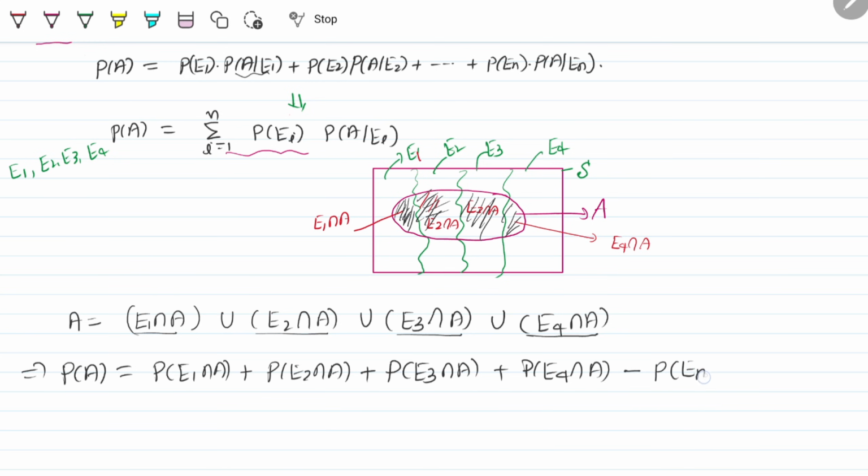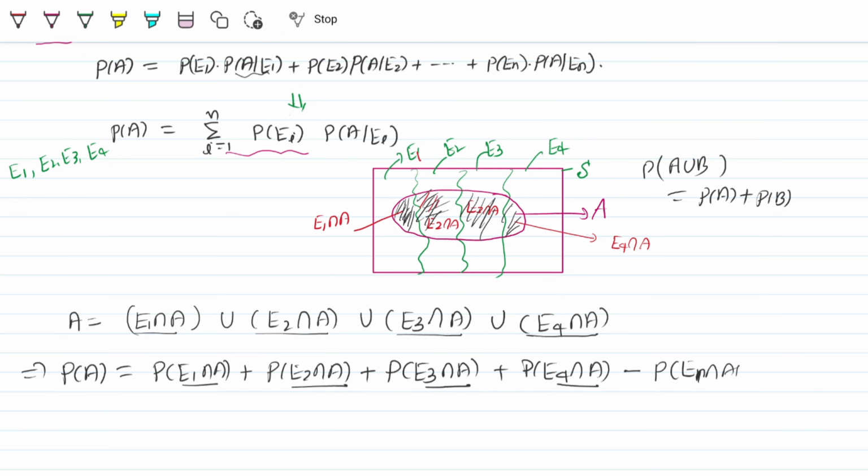Why? Because they are mutually exclusive events. Whenever your events are mutually exclusive, the probability of A union B is only the sum of the probabilities, P(A) plus P(B). So in your case, E1 intersection A, E2 intersection A, E3 intersection A, E4 intersection A are also mutually exclusive. It means their probability is the sum of the individual probabilities.